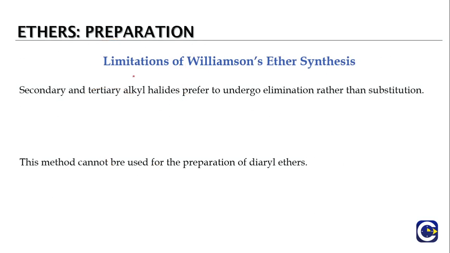But we have two major limitations of Williamson's ether synthesis. First of all, the reaction follows the SN2 mechanism, as we already discussed. The SN2 mechanism is very efficiently shown by, or is applicable to, primary alkyl halides.